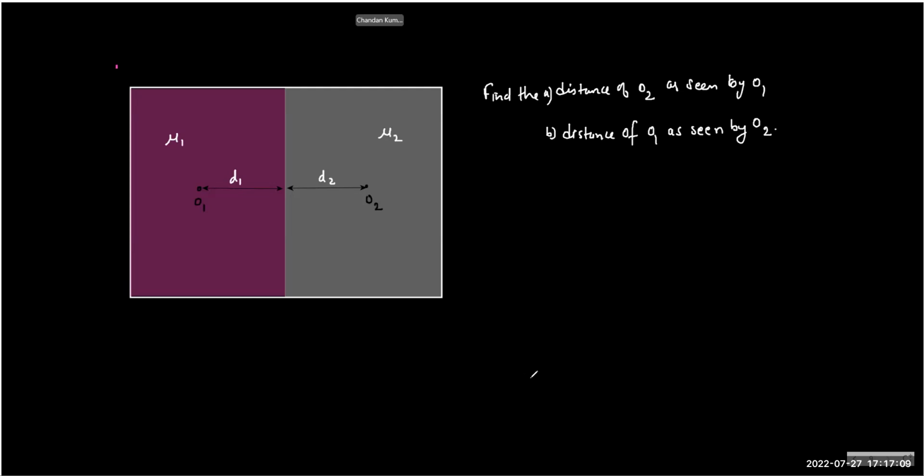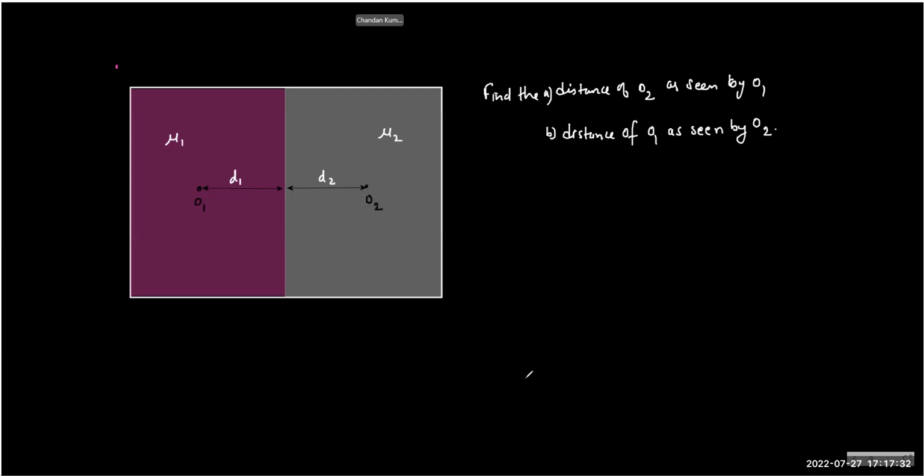So for observer O1, will D1 appear as D1 or different from D1? What do you think? For observer one, D1 will appear as D1 only, right? But D2 will appear something different, D2 dash, or you can say the apparent value of D2.